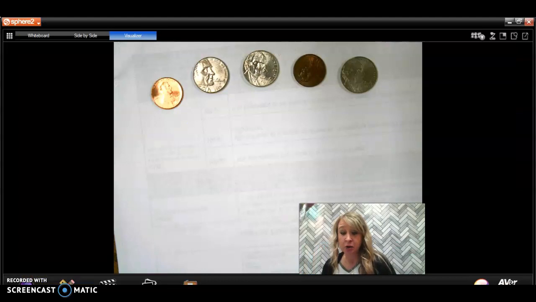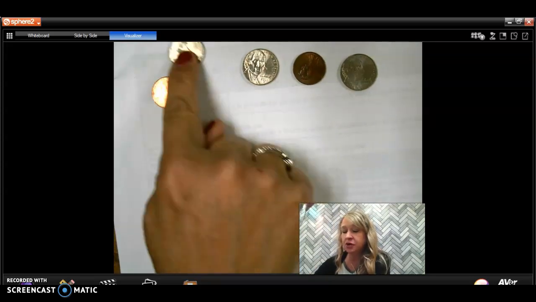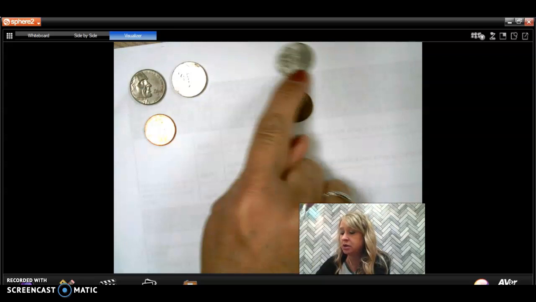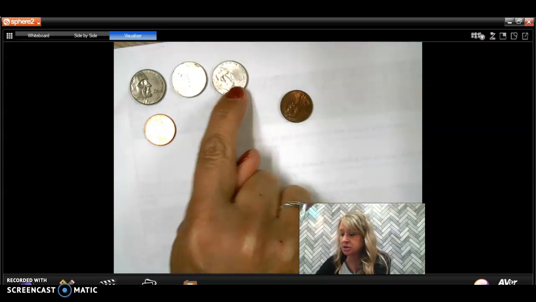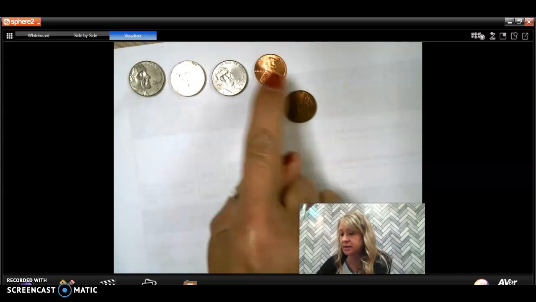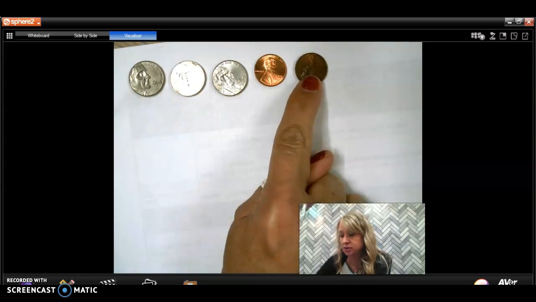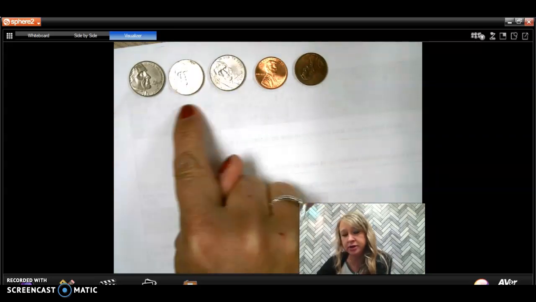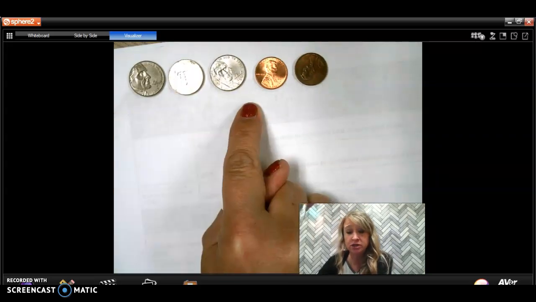Okay, now we're ready to count the money I found in my pocket. First thing we have to do, put the coin with the highest value, the largest value, first. So we know our nickels are worth 5 and our pennies are worth 1. So they're going to go after the nickels. The coin with the highest value, the largest value, goes first.